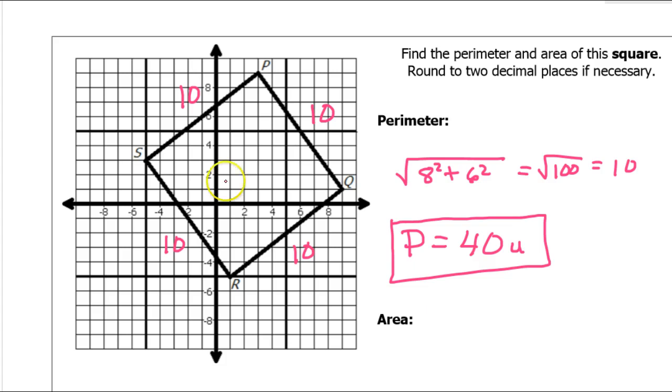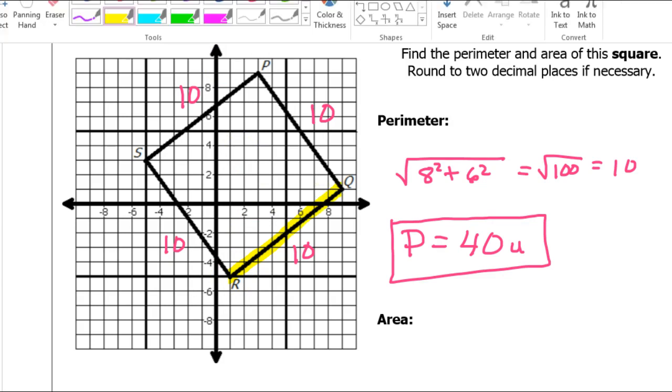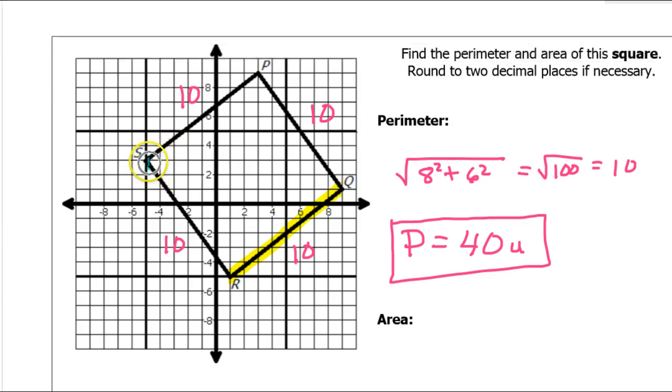When you do the area, all you have to do is base times height. So, look, here's the thing. I could consider this yellow to be the base if I want to, and this can be the height. The base and the height just have to be perpendicular to each other.